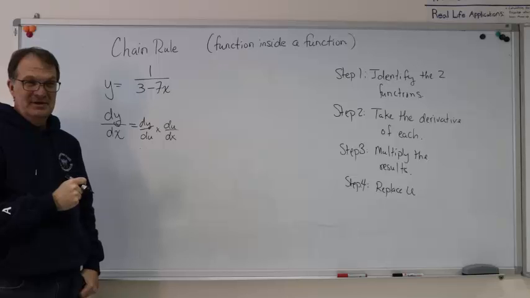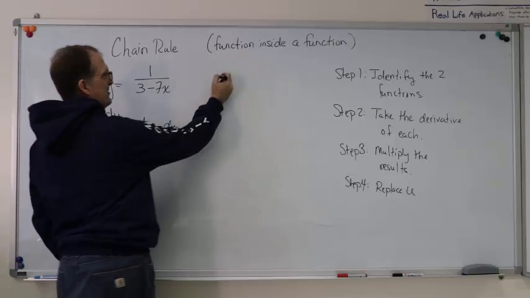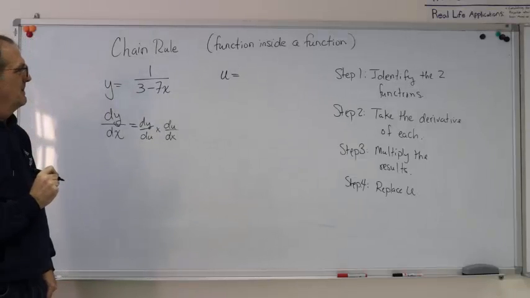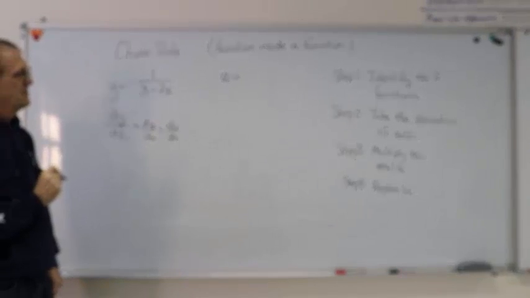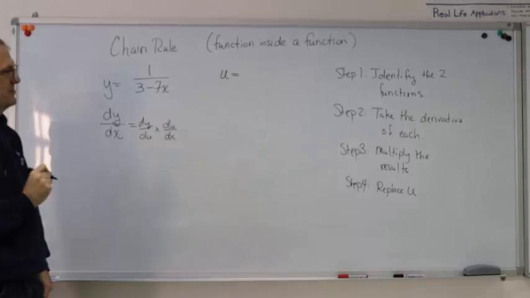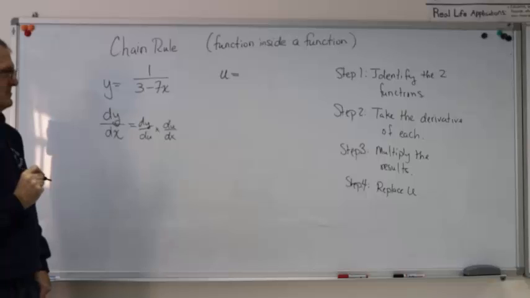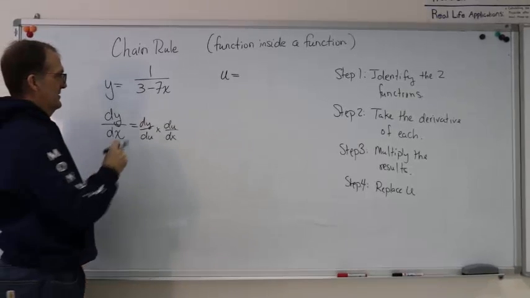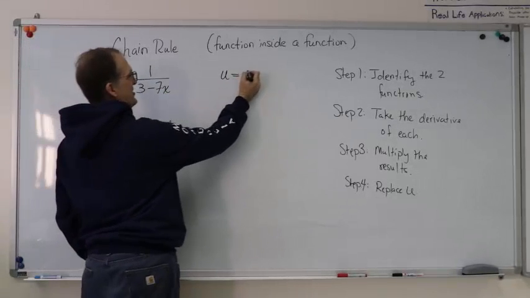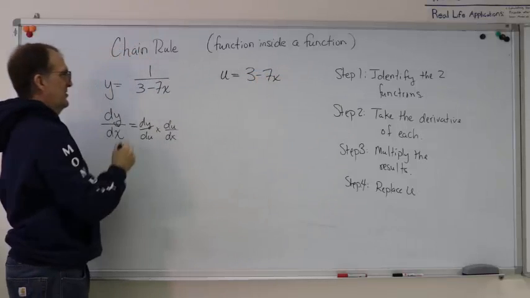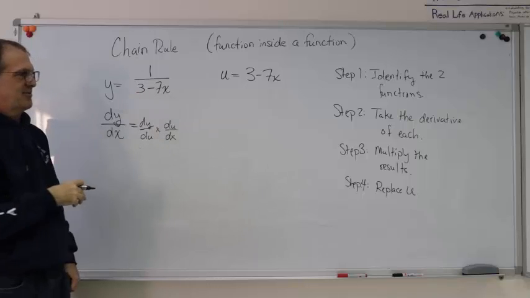Aldrich, what would you say is function u? Three minus 7x. Yeah, there's no square, it's just 3, but you're right. So it's all this, 3 minus 7x.